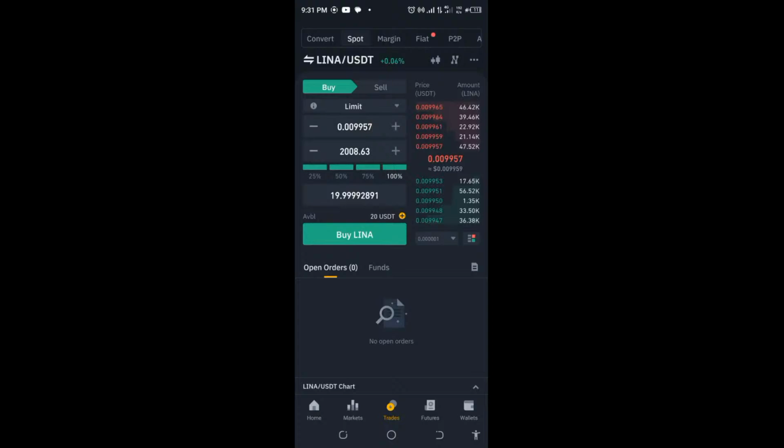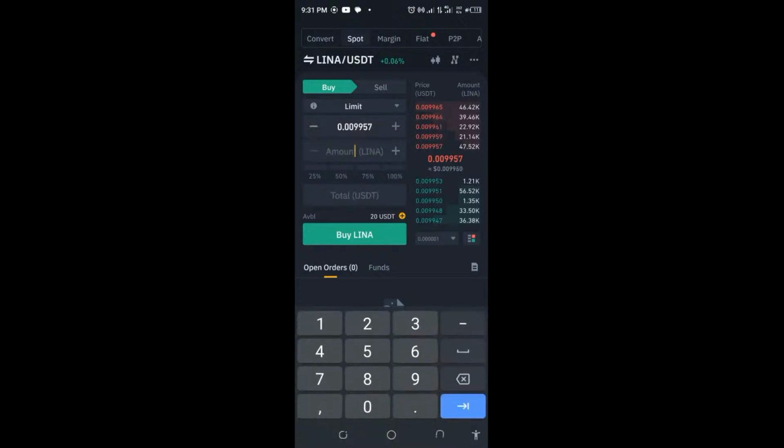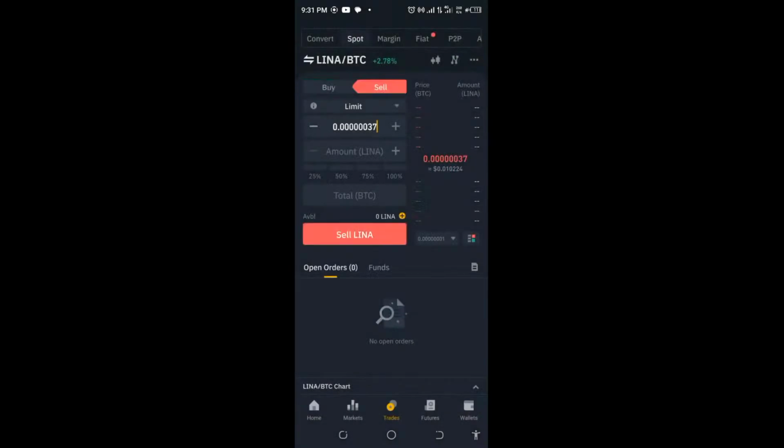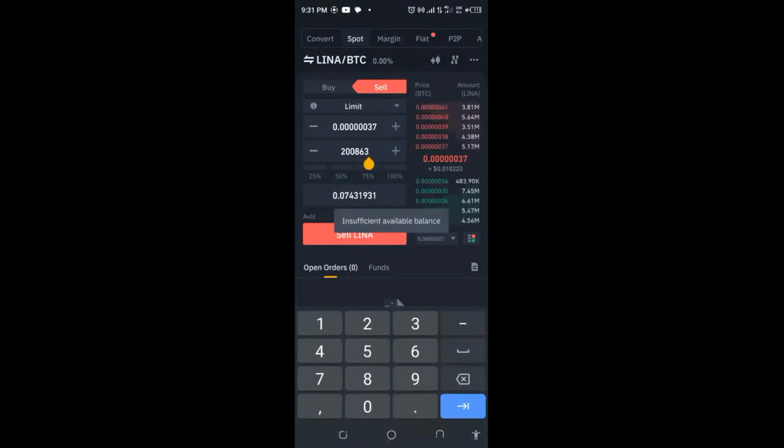So what we have here is 2008.63. Let me copy that. And then I'll go over to BTC and try to see if I could sell this, okay? Let's put this here. Now remember, Lena doesn't recognize that decimal point. So what we have here now is 0.000742.